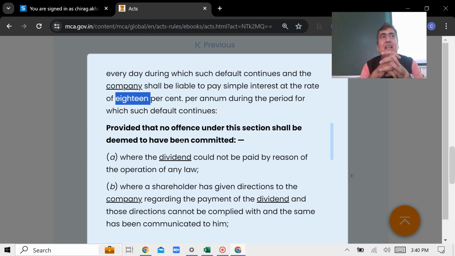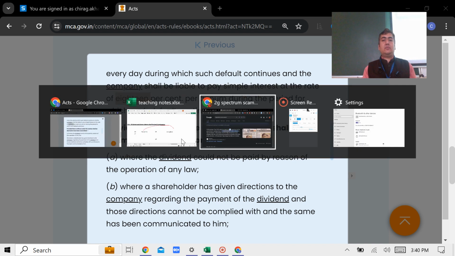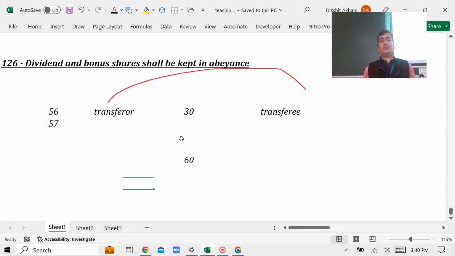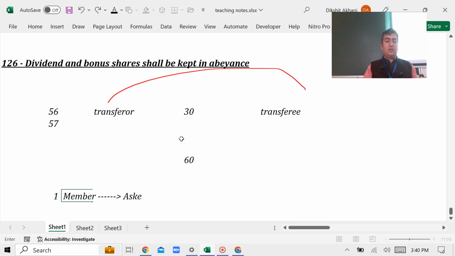ठीक है. Okay, question number one I would like to ask you is, these are the two types of questions what they are repeatedly asking in the exam. Okay, question number one क्या है एक बार देख लो. There is a member who asked the company for specific mode to pay the dividend.